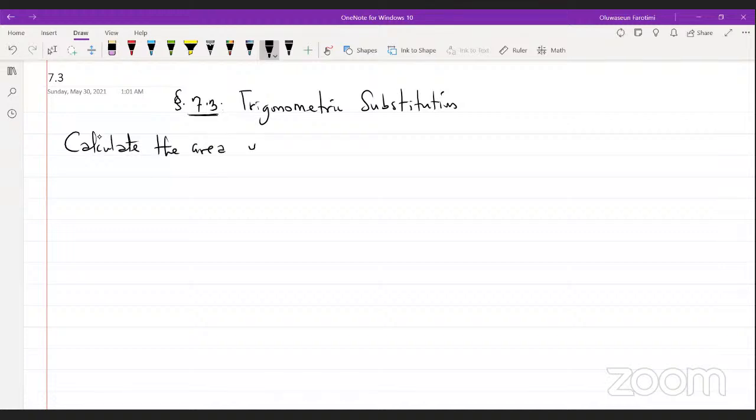So we want to calculate this using the idea of integral.